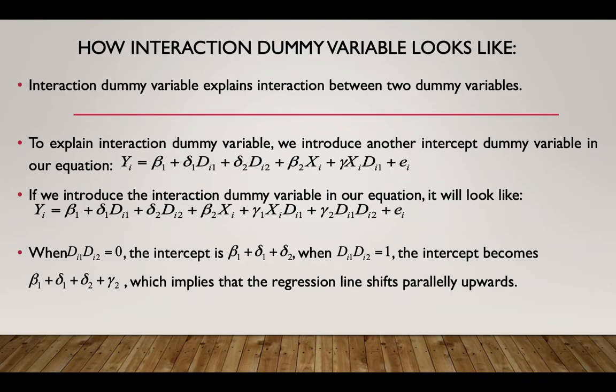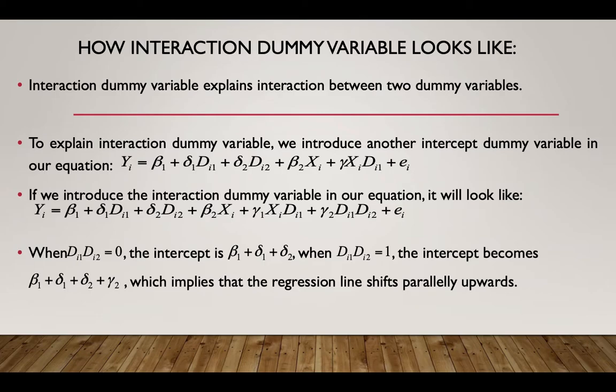So, this implies that the regression line shifts parallelly upwards. We can explain it once again. First, we are talking about D_i1 equal to 1, D_i2 equal to 1, but D_i1 D_i2 equal to 0.